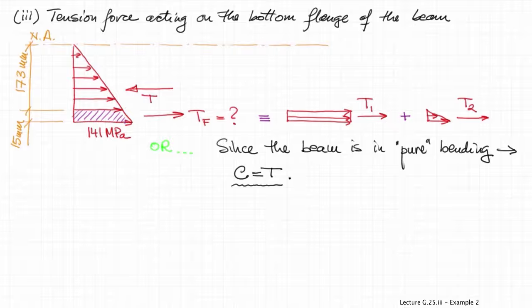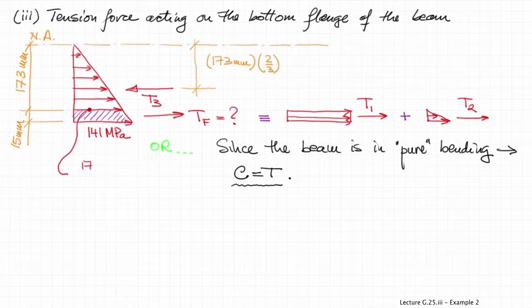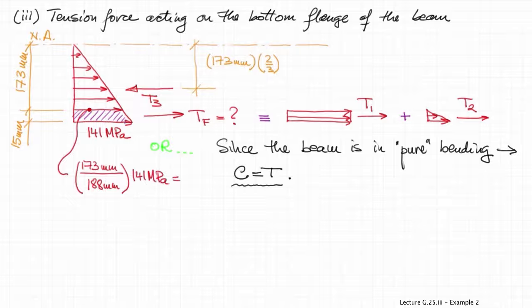So in other words, if we calculate T3, which is the tension force corresponding to the stress block acting across the web, which is a simpler triangular stress block, it's not a composite stress block, and subtract this one from the total compression force that we calculated in the previous steps, then we can determine the difference, which is exactly the total tension force acting on the bottom flange of the beam.